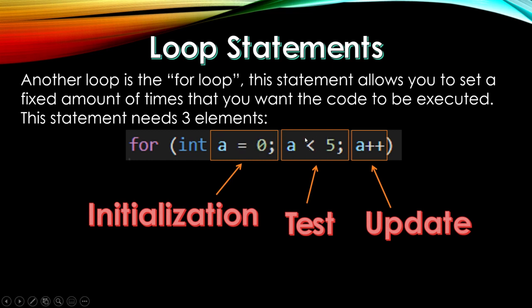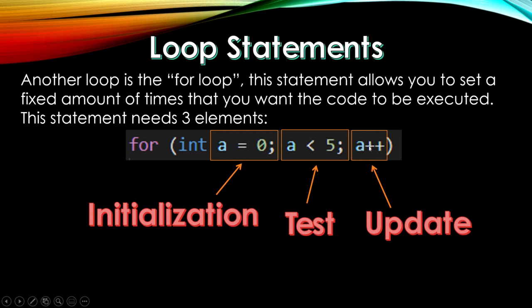Then you're going to establish your test, which is like another condition. As long as a is less than 5, that is where it's going to be testing what the limit of the for loop is going to be. And then you're going to put an update.